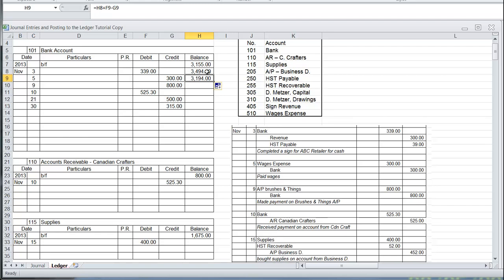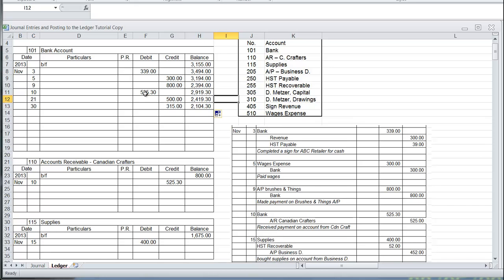It's the H8 number plus the F9 number. There's nothing there, but that's okay. And then minus the 300, the G9 number, to get that. And so what we can do is actually put the cursor there and click and drag right down the rest. So this new amount comes from taking the $3,194 and subtracting the 800 to give you $2,394.